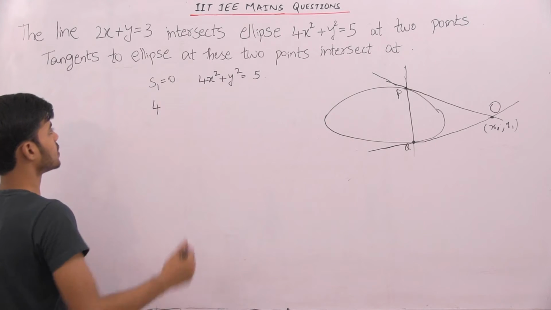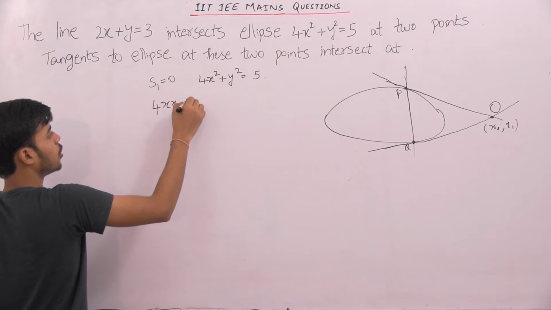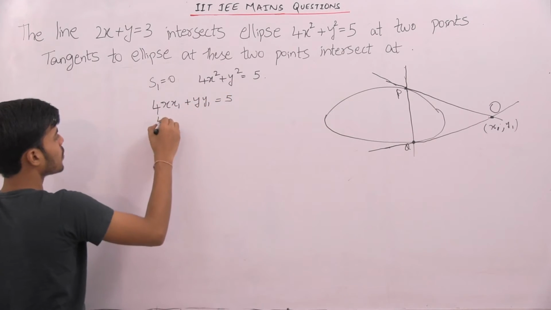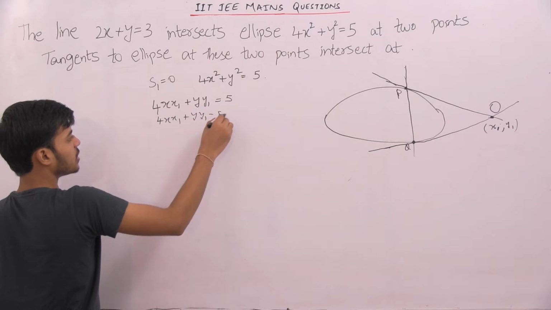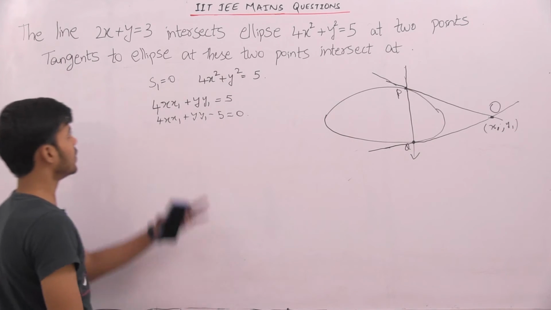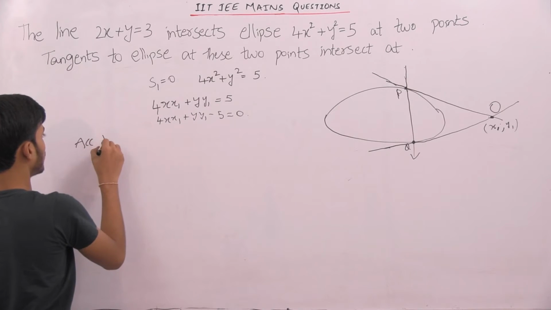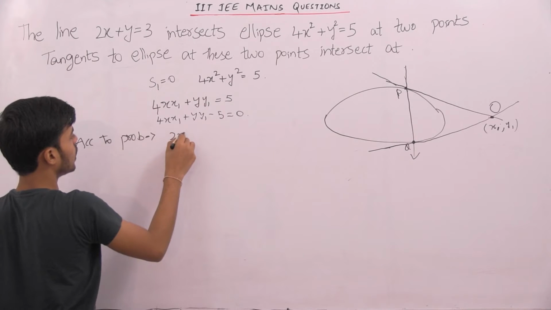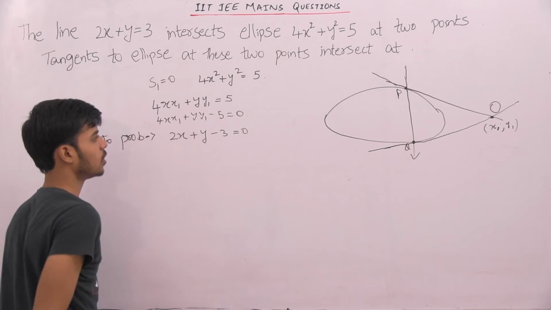Now making S1 equal to 0, 4x·x1 + y·y1 = 5. So 4x·x1 + y·y1 - 5 = 0 is the chord of contact, which is also the given line. According to the problem, it is 2x + y - 3 = 0, which are the same.